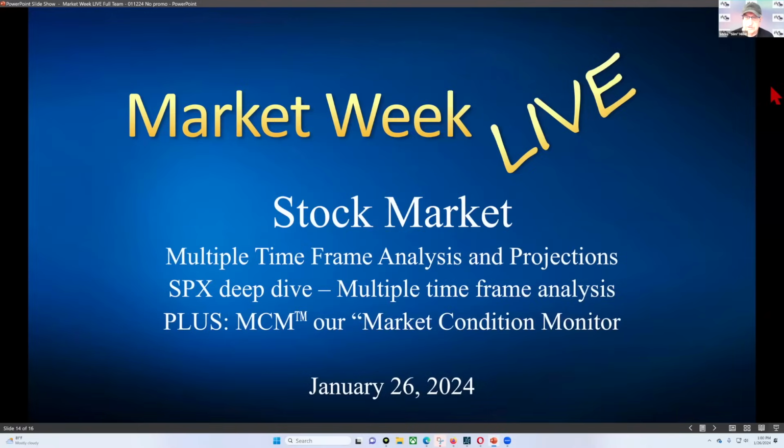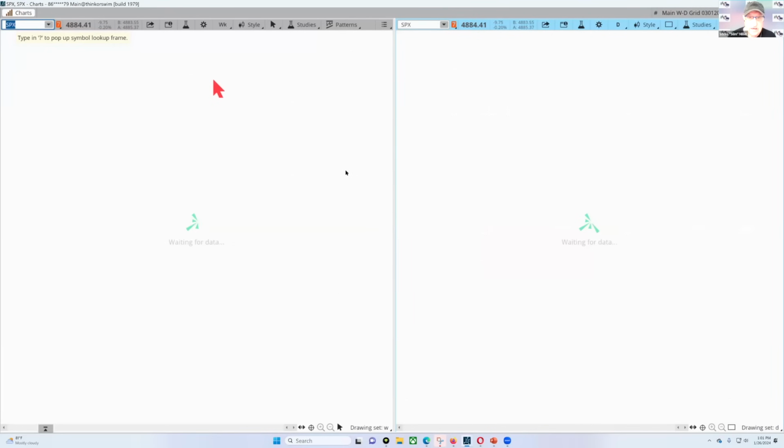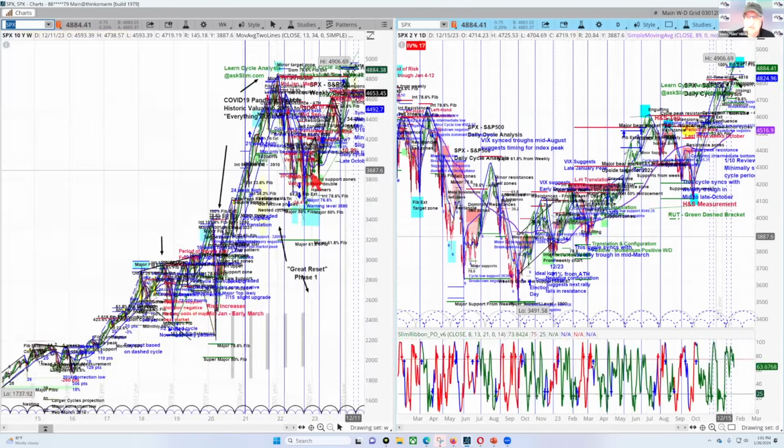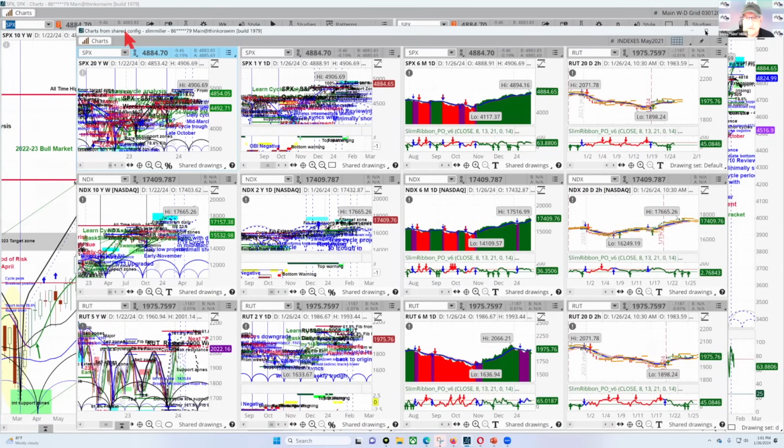Multiple time frame analysis and projections in the stock market. We're going to look at the S&P 500. In multiple time frame analysis, we'll take a look at the market condition monitor also. Here is SPX on the S&P 500, and we're only going to do SPX right now. I'm actually going to switch over to our member charts, which has a little more analysis on there.